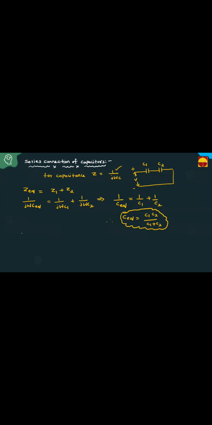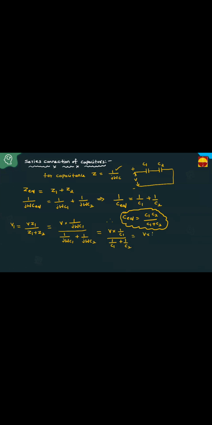Clear. Now, how to calculate V1? V1 equals V into Z1 by Z1 plus Z2. How to apply? V into 1 by j omega C1 by 1 by j omega C1 plus 1 by j omega C2. If you simplify this, 1 by j omega is common and will be cancelled.